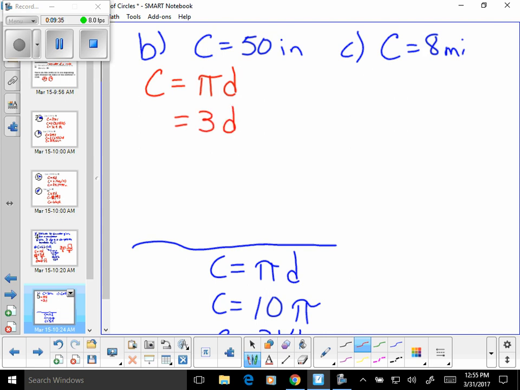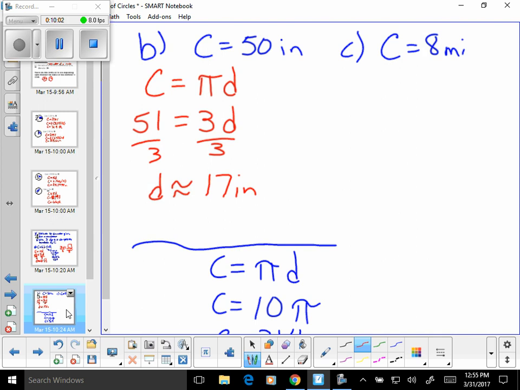Now, what number is close to 50 and is also a multiple of 3? 3, 6, 9, 12, 18, etc. The closest one is going to be 51. So we will divide both sides by 3, and d will actually be about, our diameter here, is going to be about 17 inches.